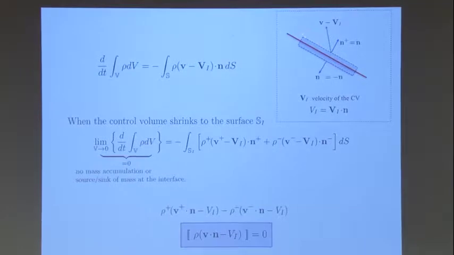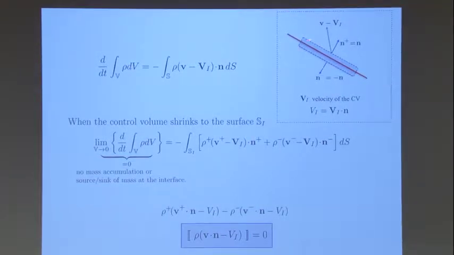Four segments, two on the side that essentially go to 0, and then the one that I denoted here plus and the one minus here. The remaining is going to be just the contribution from the upper surface and the lower surface, which is this one and that one, right?